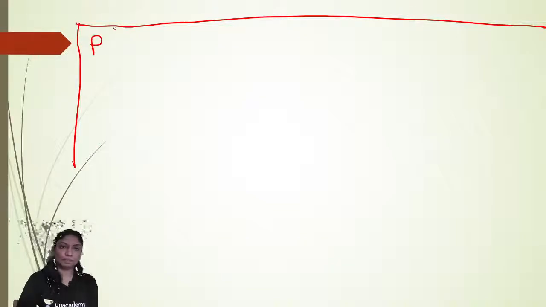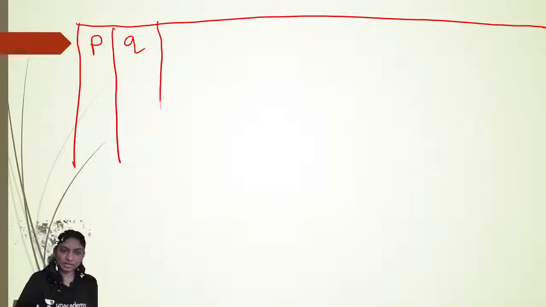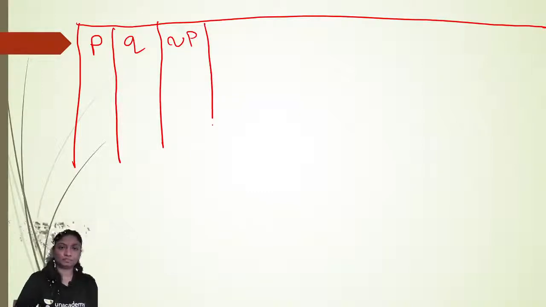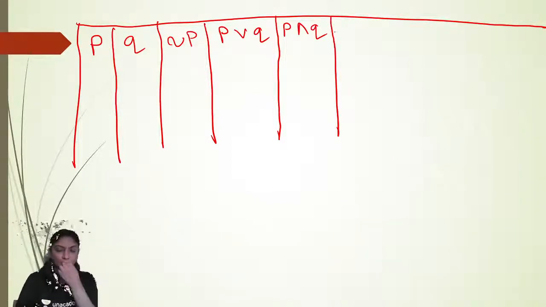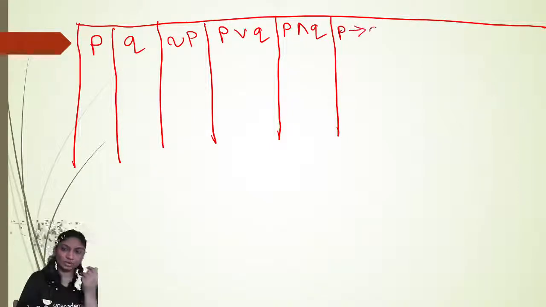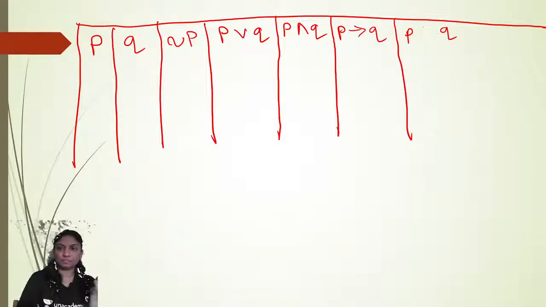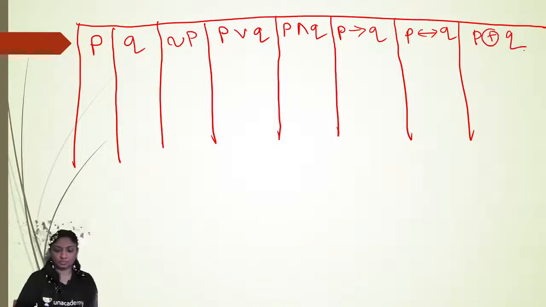Right? Here P, Q, we will revise once again. Here P and Q. So negation of P we can write here. Then P or Q, disjunction, conjunction, P and Q. P implies Q, if then. P double implies Q, if and only if. P exclusive-or Q, right?